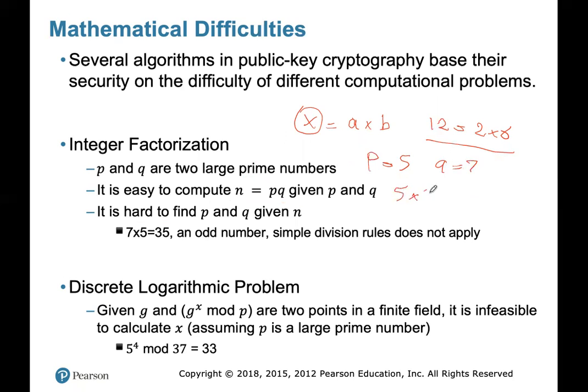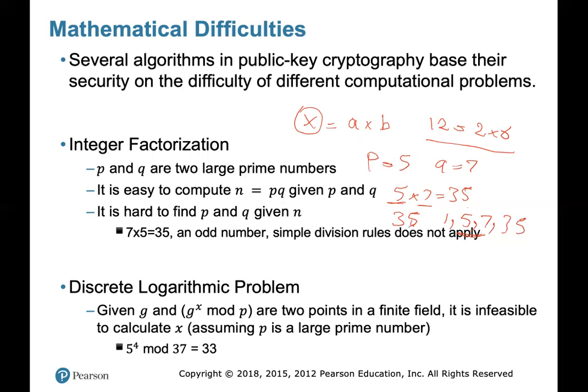Finding 5 times 7 is not difficult for us. It's very easy. But if someone gives me 35 and asks me to factorize 35, since 35 is the multiplication of two prime numbers, I would have only 4 divisors for this number: 1, 5, 7, and 35. Finding 1 and 35 is obvious, they're valid for any number, so I'm not seeking them.